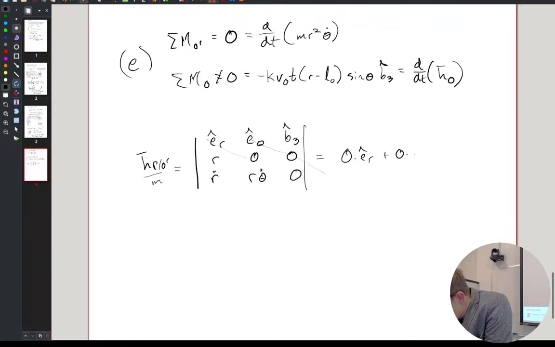Plus 0 times E theta, and then plus R squared theta dot B3, and then minus a 0 B3, minus, and minus another.